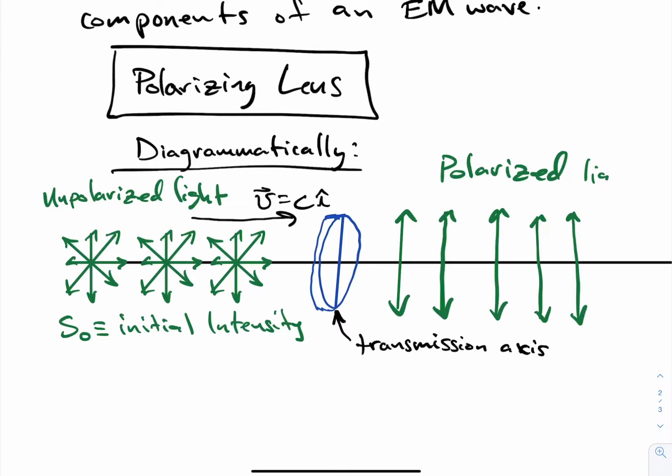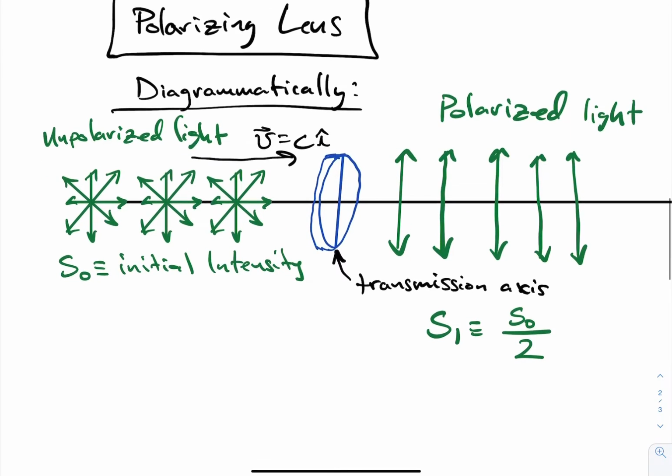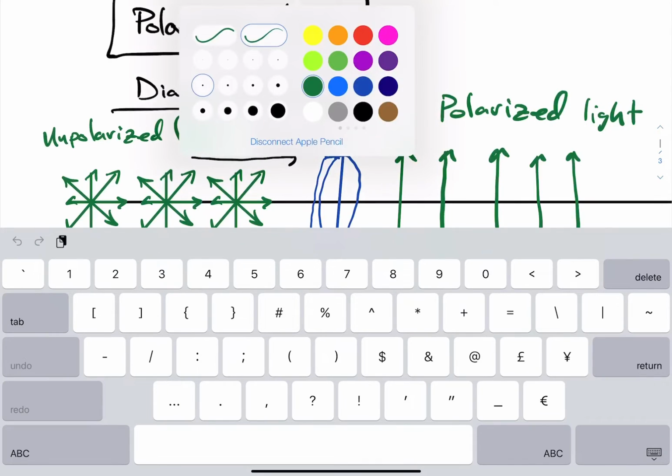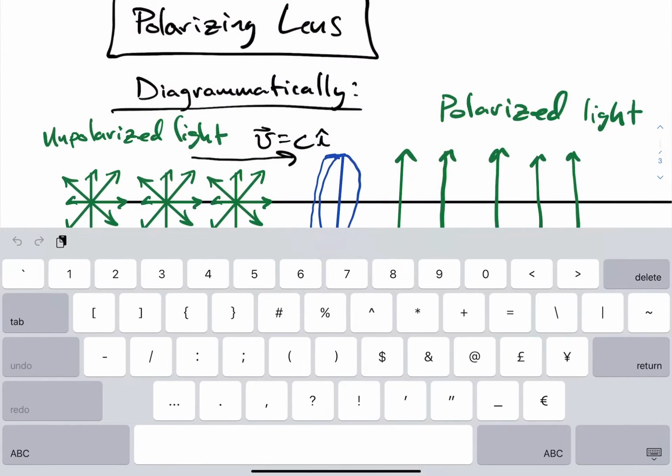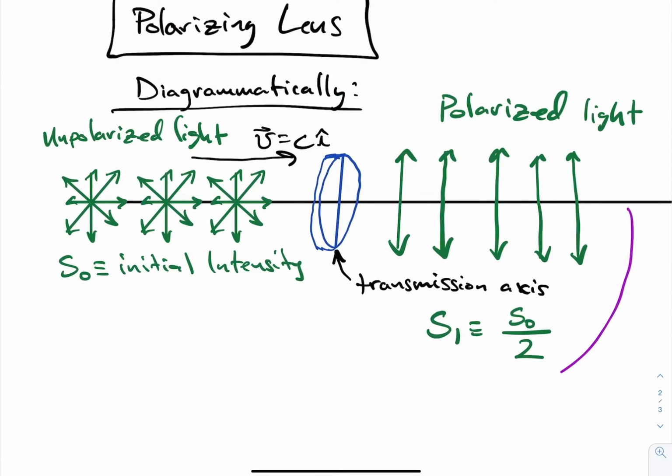So this is polarized light, and that polarized light will have an intensity S1. And S1 will be half of the initial intensity. It's only letting half of the oscillations through, no horizontal, only vertical. And so what we often would do is this would continue on. So imagine that we're just continuing this on.